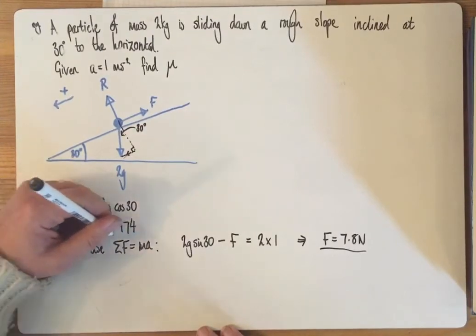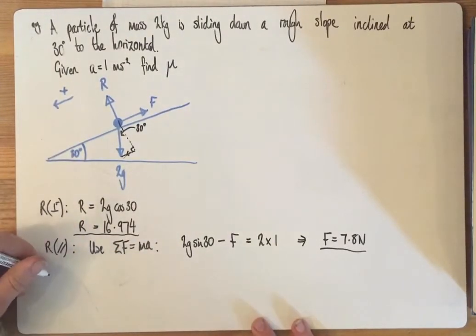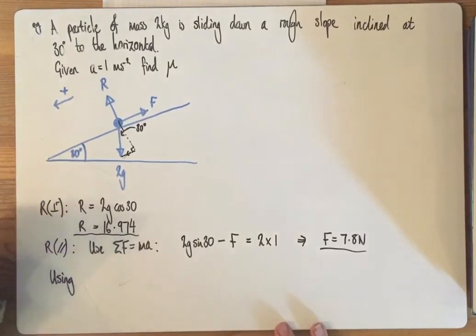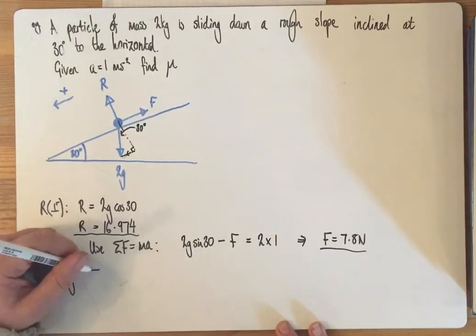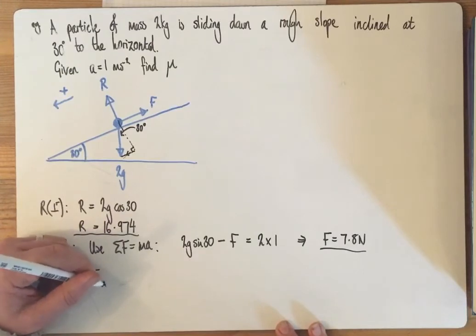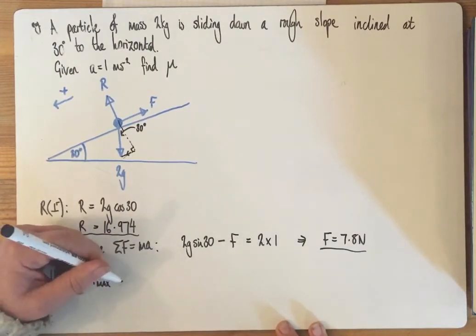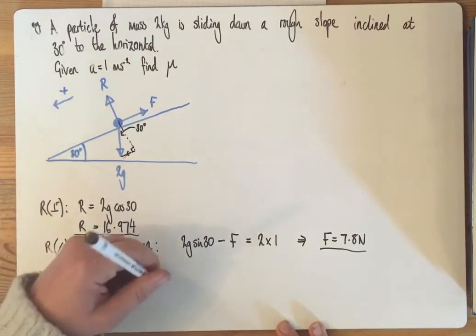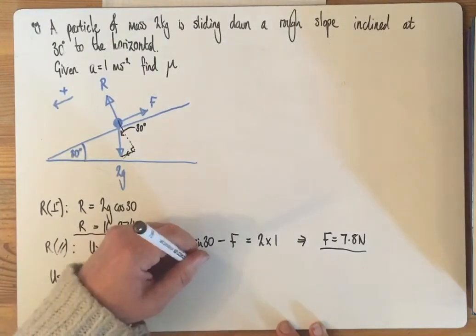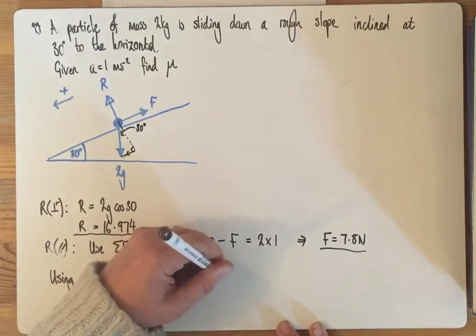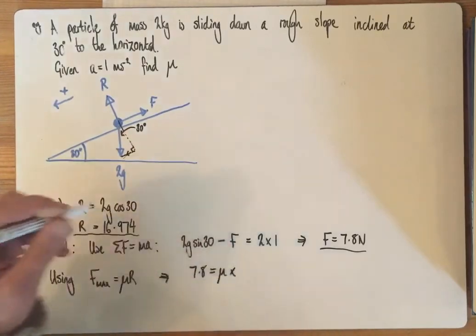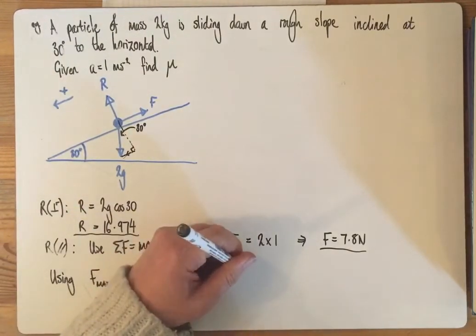So we've got R, we've got F, we want mu. So it's moving, so we're at maximum friction. So F max is equal to mu R. Then 7.8 is equal to mu times 16.974.